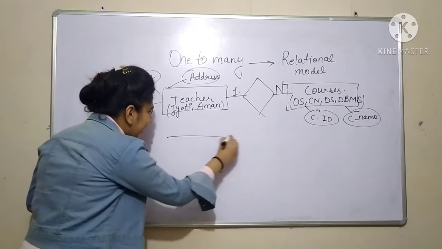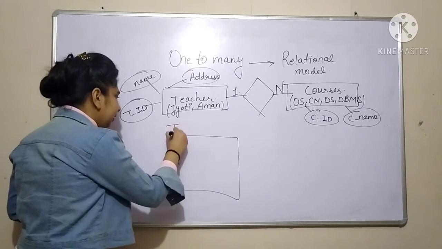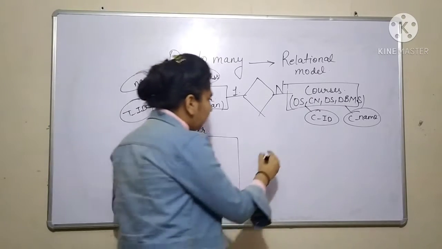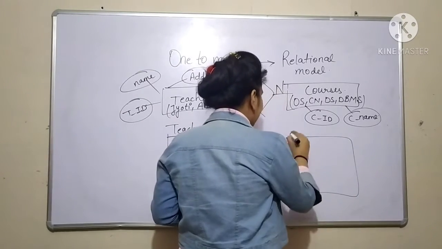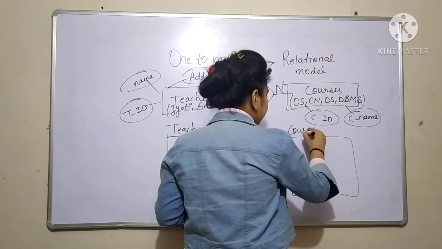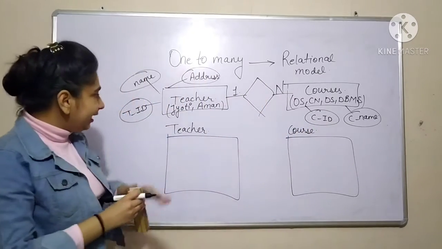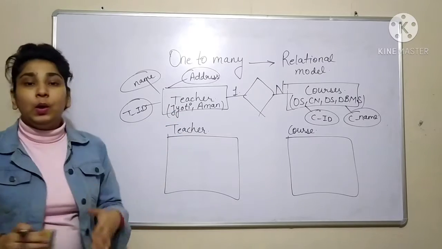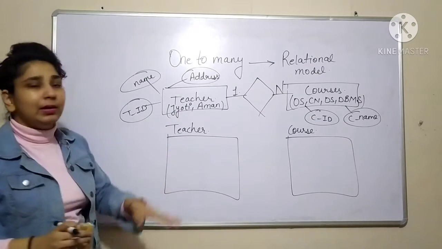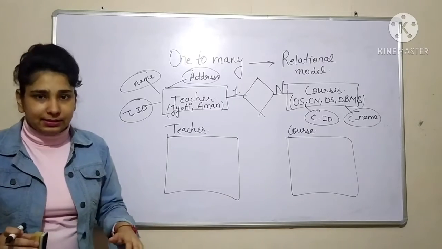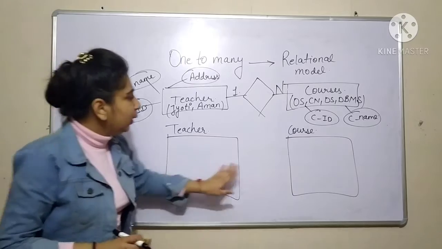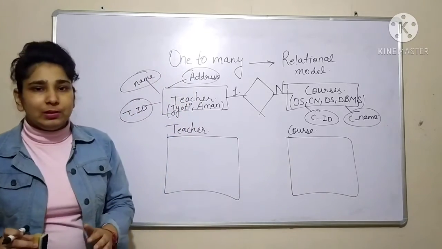So we have one entity as teacher and one entity as courses. For each and every entity, either strong or weak, we will have one table. We have two entities, so definitely we would have two tables.